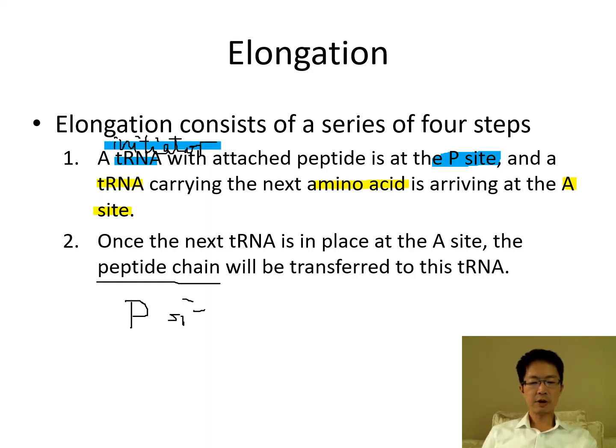Whenever we have a new tRNA going into the A site, then the entire peptide chain from the P site will detach and go connect with the new amino acid at the A site.